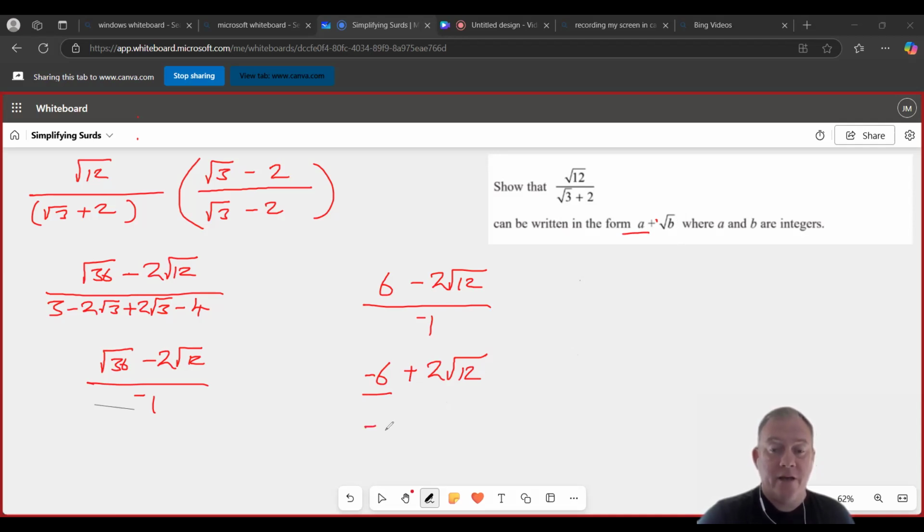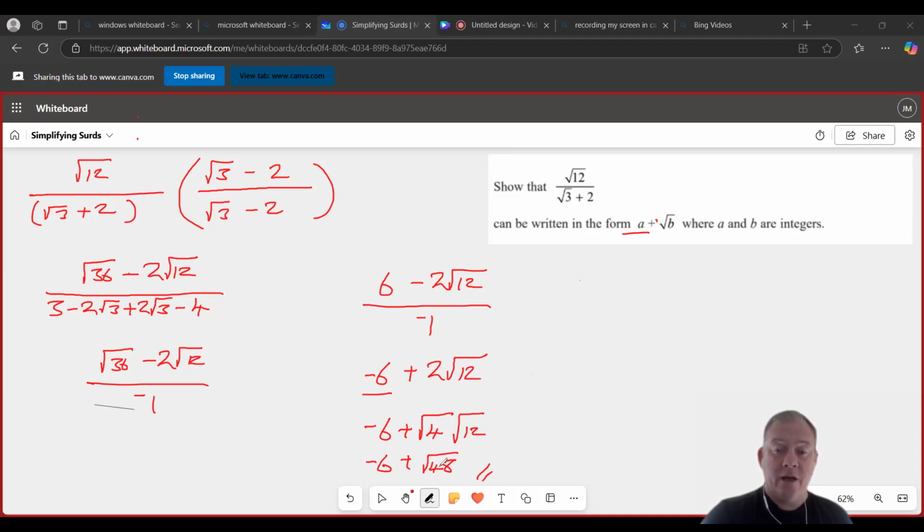If we take minus 6 plus, well, 2 times 2 is 4, so we can do square root 4 times square root 12. Again, surd rules. Minus 6, we are nearly there, plus square root 4 times square root 12 is square root 48. That is your answer. Minus 6 is a and 48 is b.